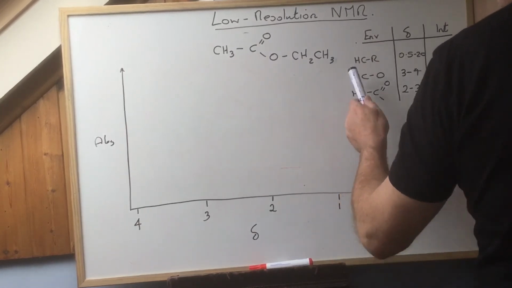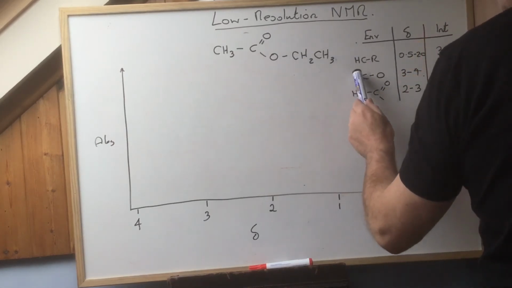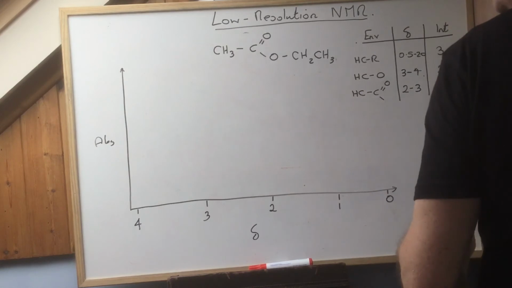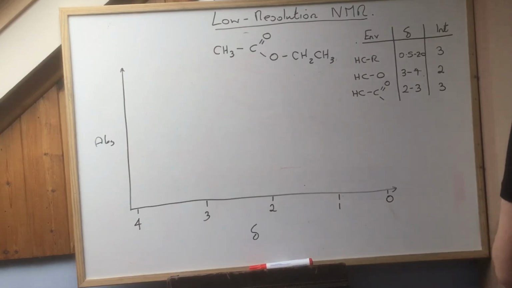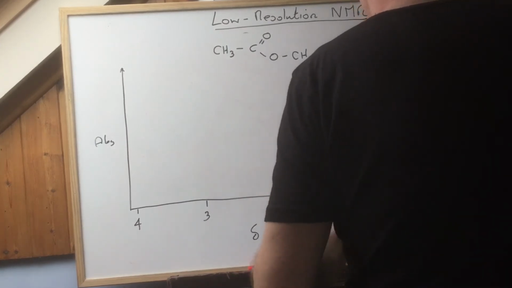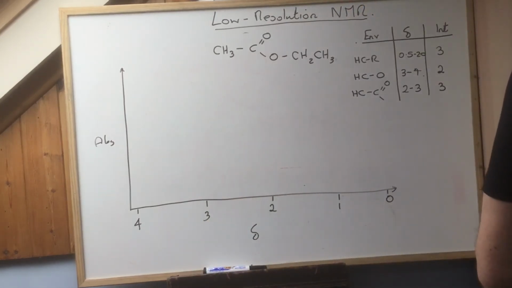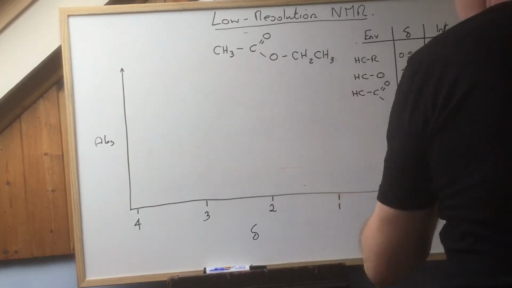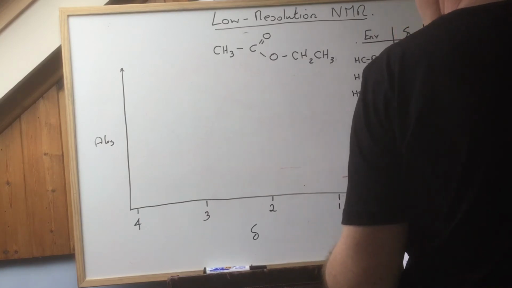Integration. I've got 3 in that environment. I've got 2 in that environment. And I've got 3 in that environment. Okay, so what's it going to look like? Between 0.5 to 2, little TMS. Again, low res, 0.5 to 2, so I'm going to stick it at 1.